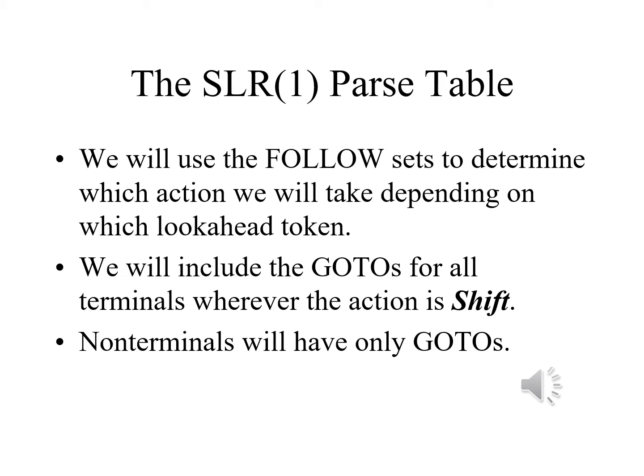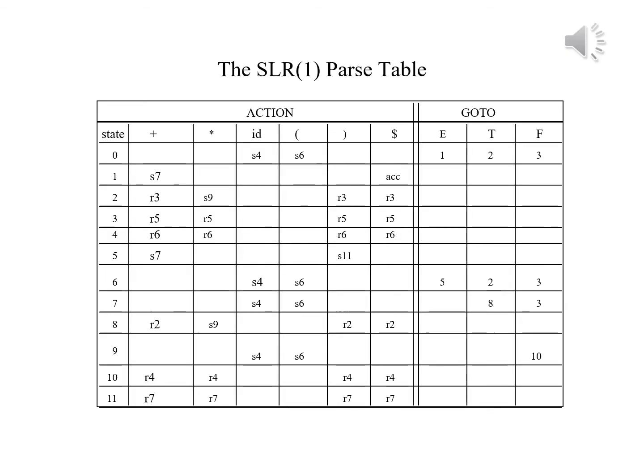The final items lead to reduce actions using the appropriate production numbers, but this will be carried out for the look-ahead tokens appearing in the non-terminal's follow set. Although the state machine doesn't look too different, the only discernible difference is that there are states with both final and non-final items. The parse table is obviously different.